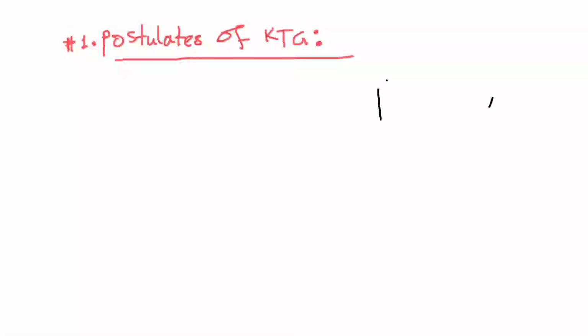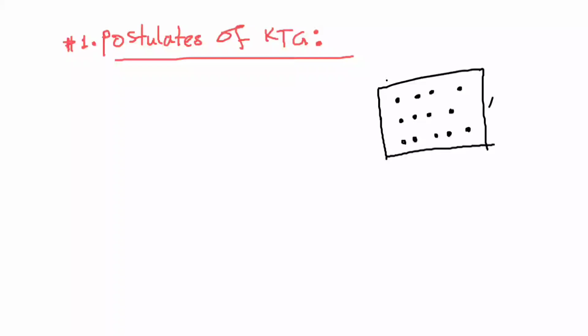For that we will consider a container. In this container there are many gas molecules. These dots represent gas molecules. Let's say there are N gas molecules, and the volume of this container is V. The first point: compared to the volume of this container, these gas molecules are very small, so we will consider them as point particles.